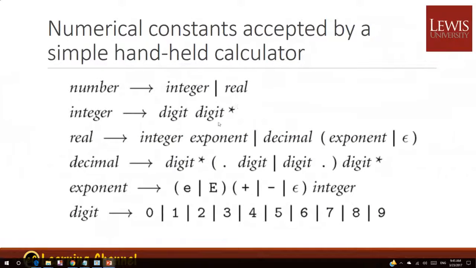And integer is like this, we talked about it already. And the only difference between this integer and natural number is that this one can have a leading 0. And real number is like this, we explained in the chart already. And you can check this decimal definition as well. And exponent, we explained it in the graph already. So we will move on.